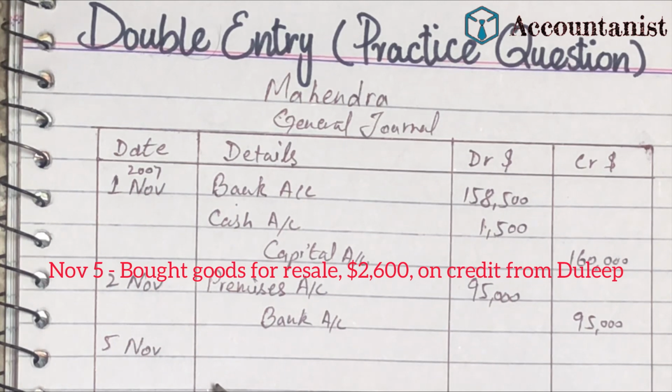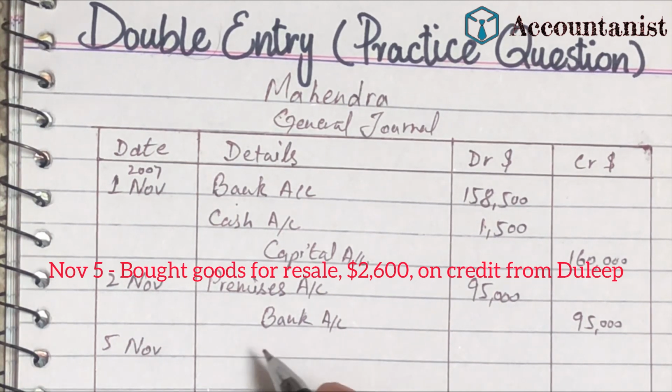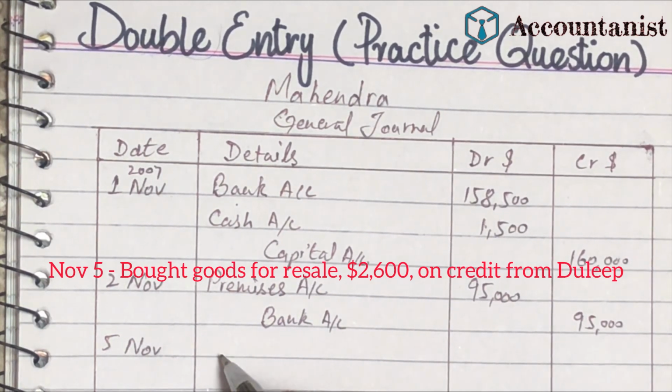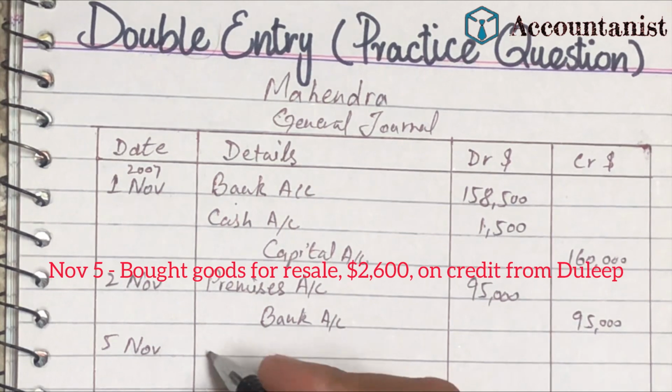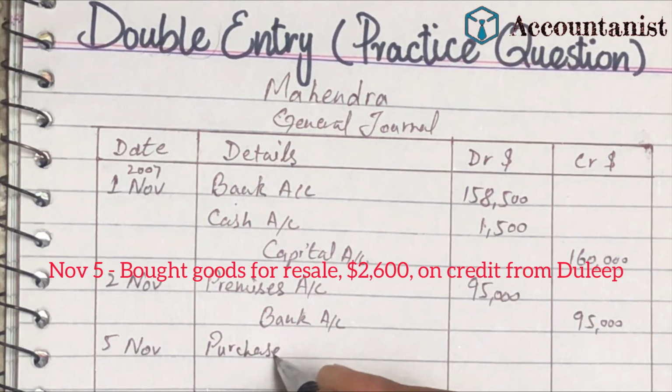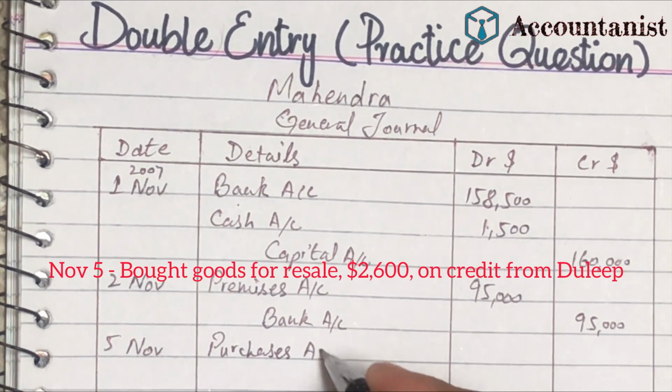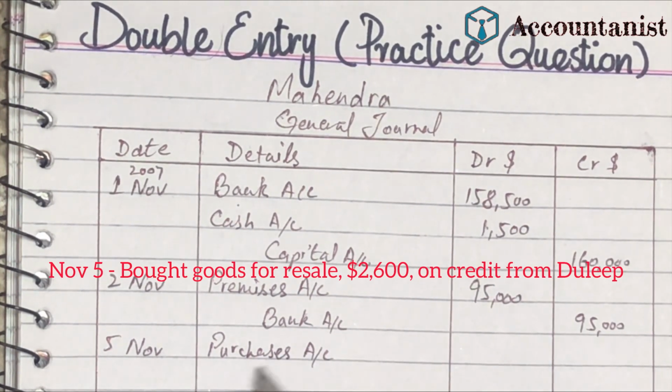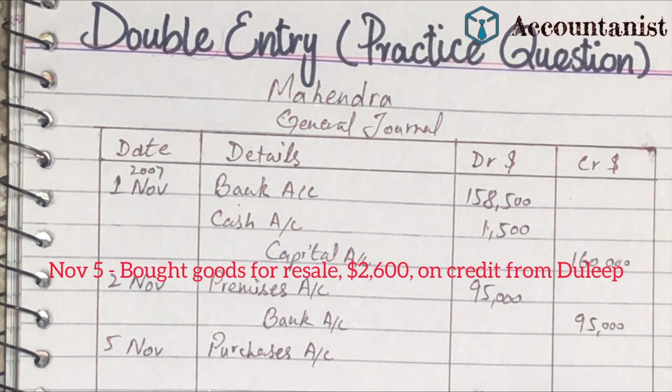So let's move on to the next transaction that happened on 5th of November. It says we bought goods for resale. So goods we will mention with the purchases. Goods are the things that we do the business of. So purchases is going to increase, so we will write on the debit side. We always do purchases debit.